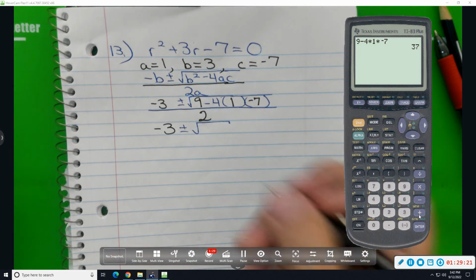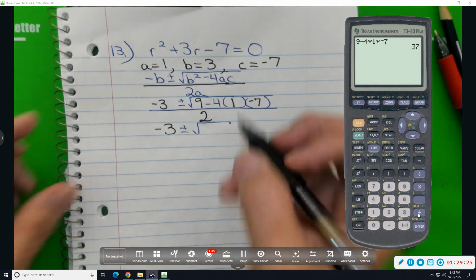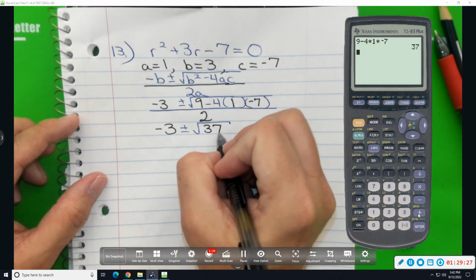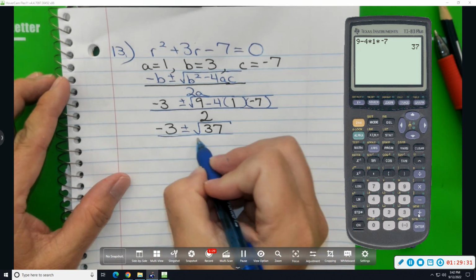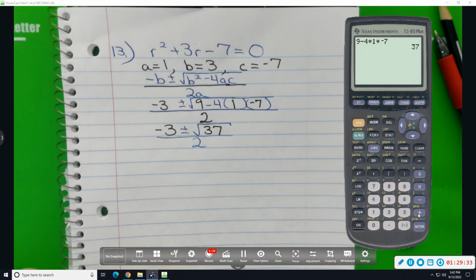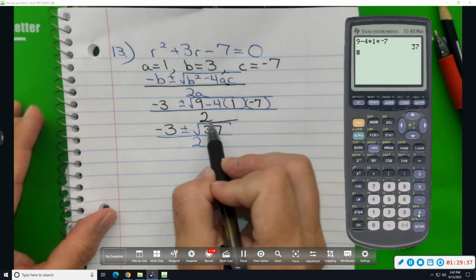Just a plain 37? Yeah. 9 plus 28, I agree with 37. Is square root of 37 going to simplify any? Are we going to have an I in the answer? No. My Math Lab would accept this answer right here.